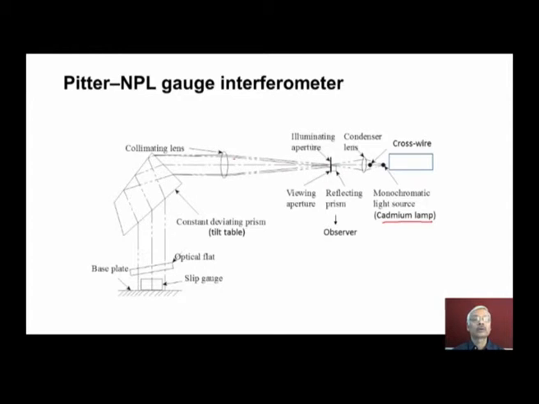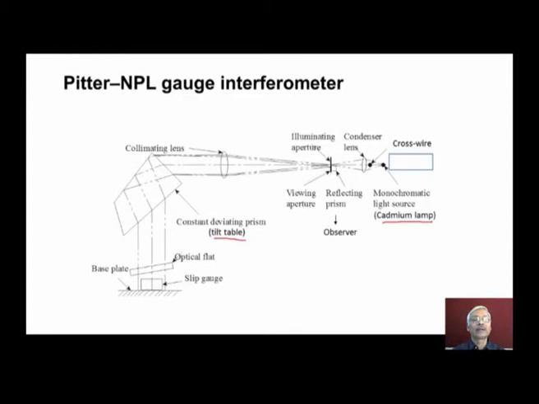And by using this collimating lens, again we obtain a parallel beam of light which will fall on the tilt table, a constant deviating prism, and then the light is deflected and it falls on the slip gauge via the optical flat, and the reflected light will follow almost the same path, and then from here it deviates because of this slight inclination of the optical flat.